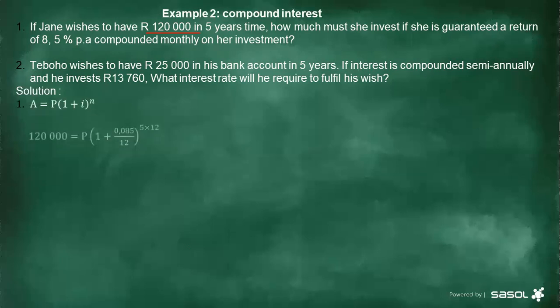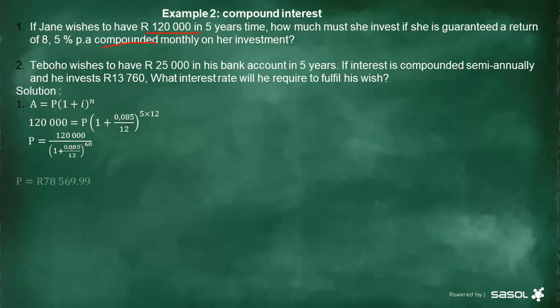First, the compound interest formula, then the value of A, then we need P there. I is 8.5 divided by 100, which is 0.085. Because it says compounded monthly, we're going to use 12. We divide I by 12 and multiply the number of years by 12, and then you simplify, divide both sides by that bracket, and press your calculator.